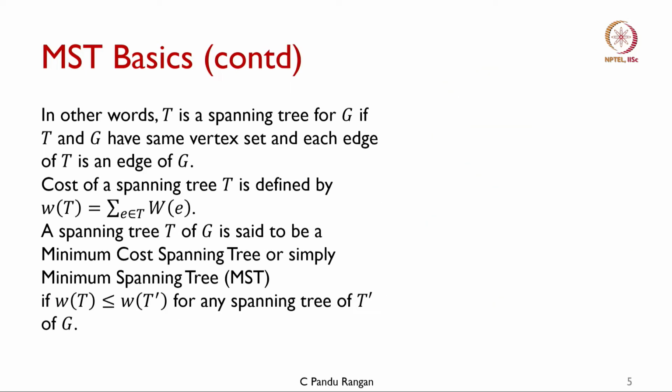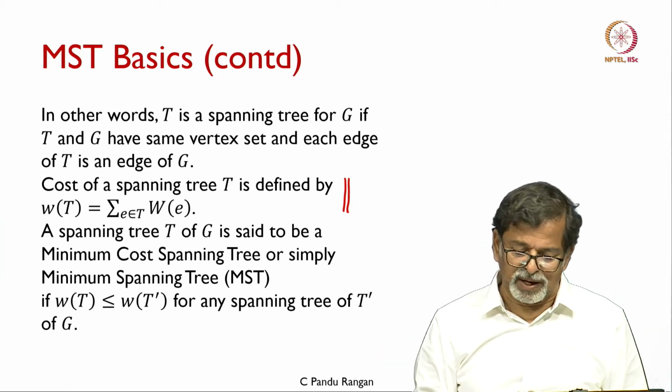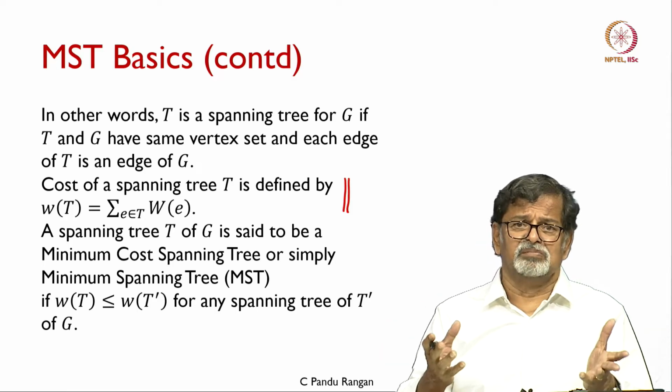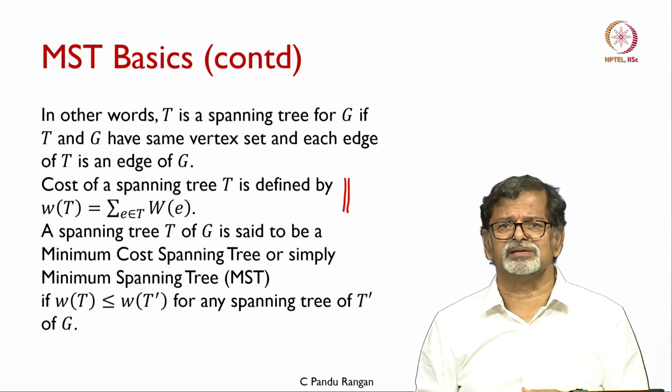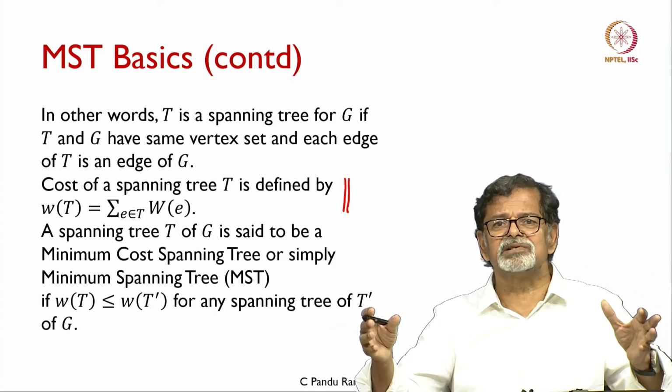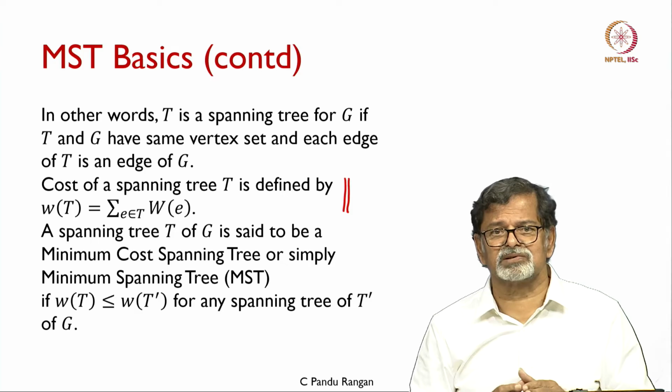Now, the weight of a spanning tree. How do we define the weight, or what is known as the cost of a spanning tree? It is the sum of the weights of the edges found in that tree. Add all the edge weights, you get the cost of the spanning tree. Minimum cost spanning tree, usual definition. There may be several spanning trees. We are interested in that spanning tree which has got a minimum cost.